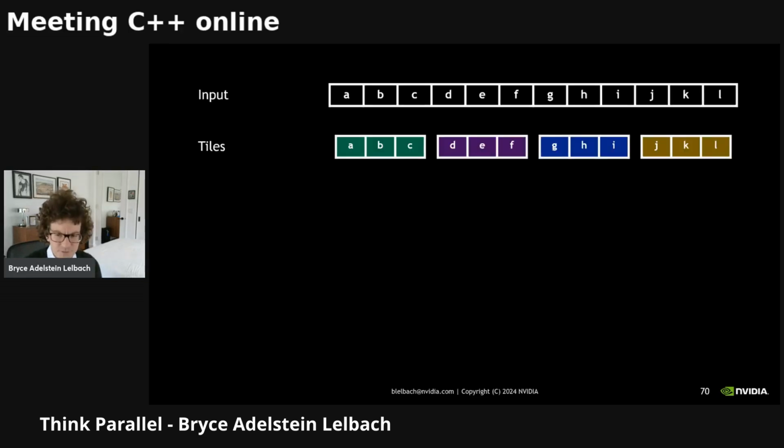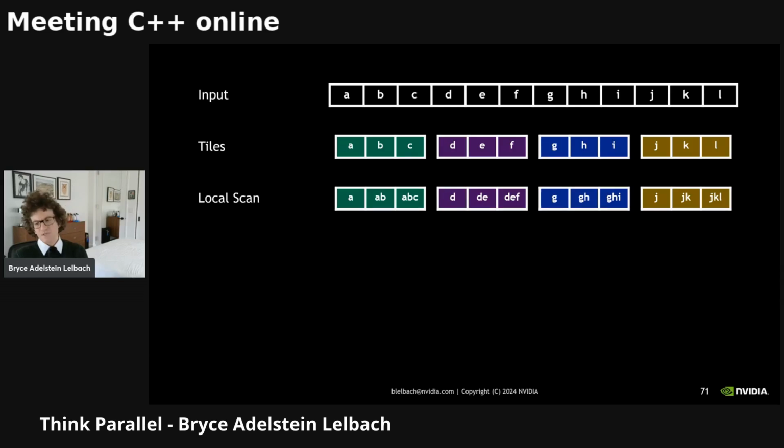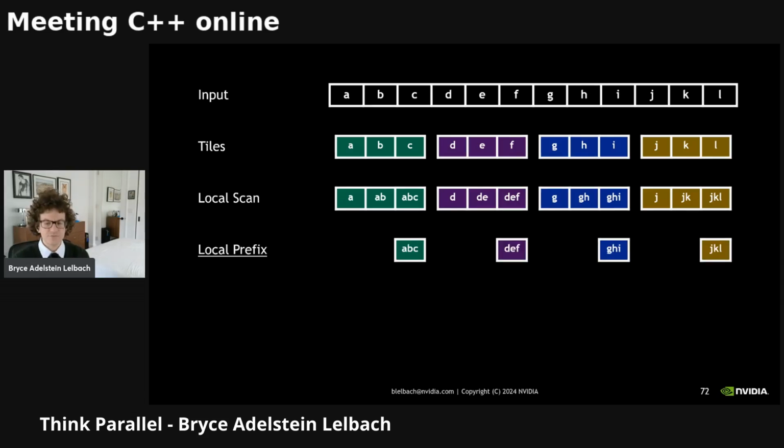So let's work through this in an example. We're going to scan a vector of strings with string concatenation. We'll divide the input into 4 tiles of 3 elements each. We start with a local serial scan of each tile, which will produce this. The local prefix for each tile is the sum of all of its elements, which is the last element of the local scan.